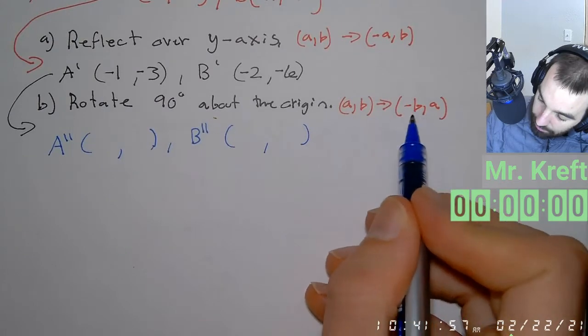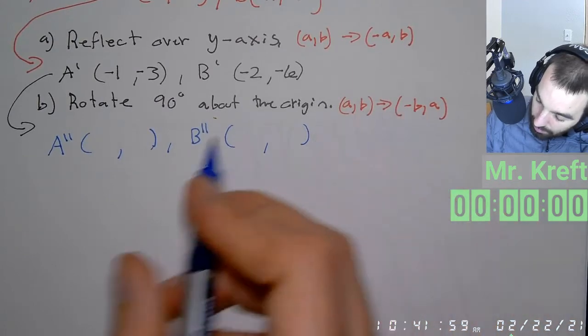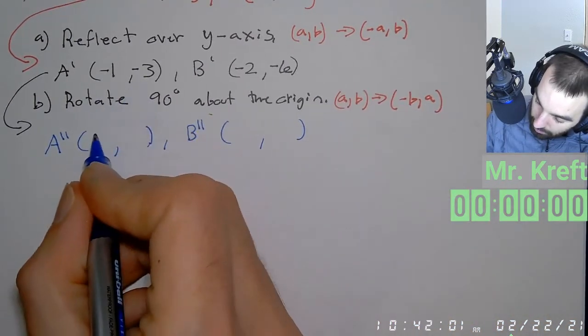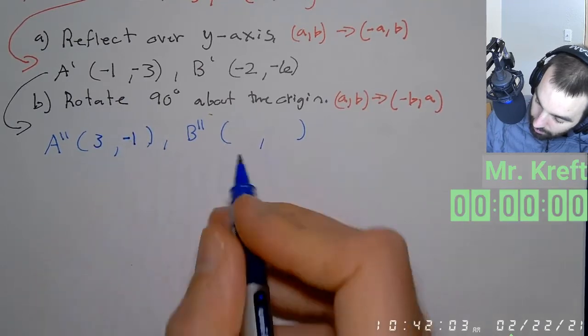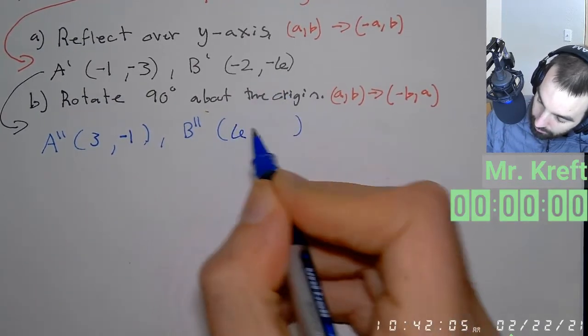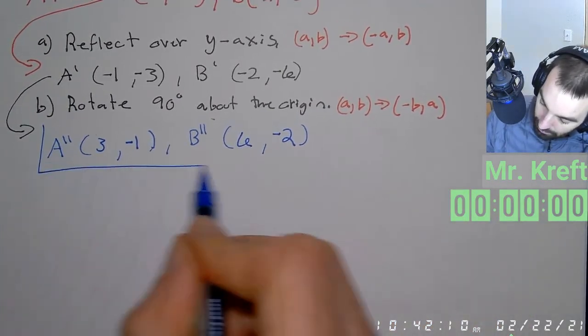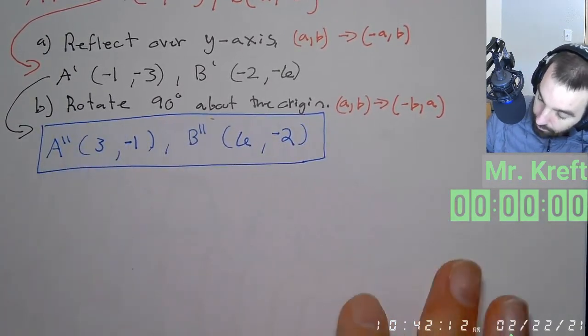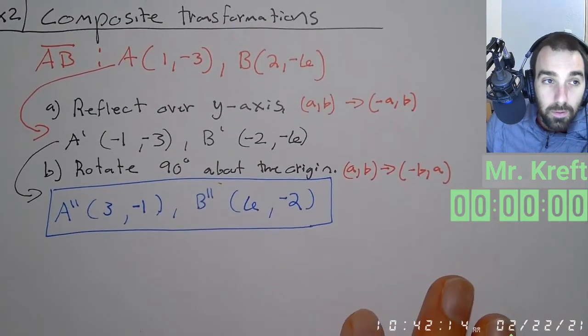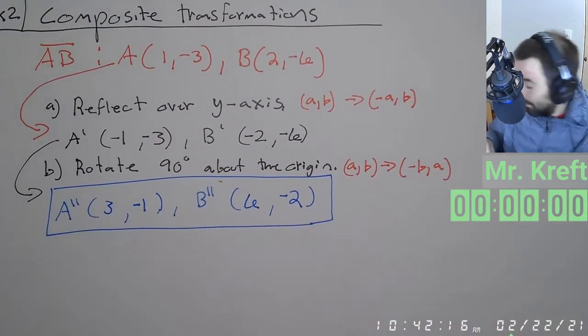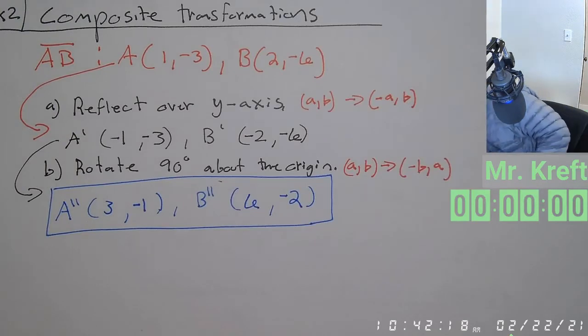So I'm taking the points, I'm switching them, and then the original B becomes the opposite. Like that. So this would be my final answer. Check my original notes, not for reflections.